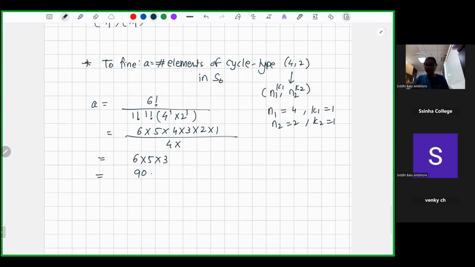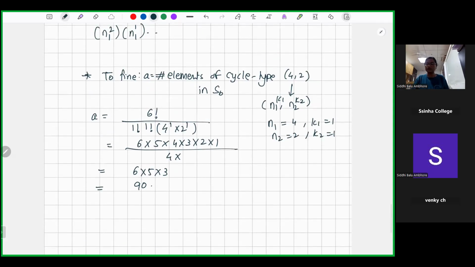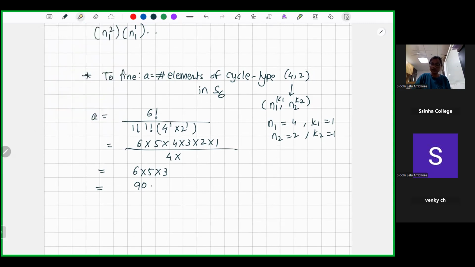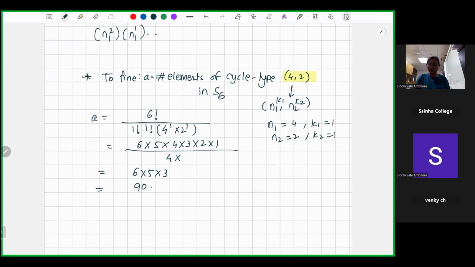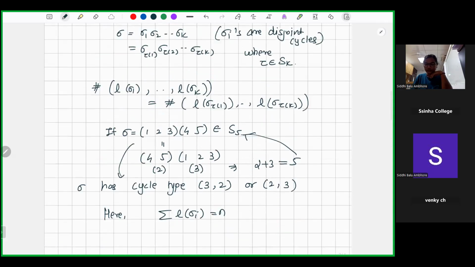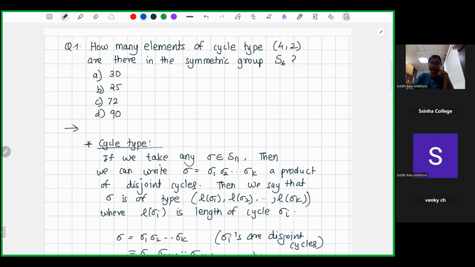Okay, so that's how we calculate the number of elements in S6 of cycle type 4-2. I hope this was clear here. And if so, this 90 is the correct answer here.